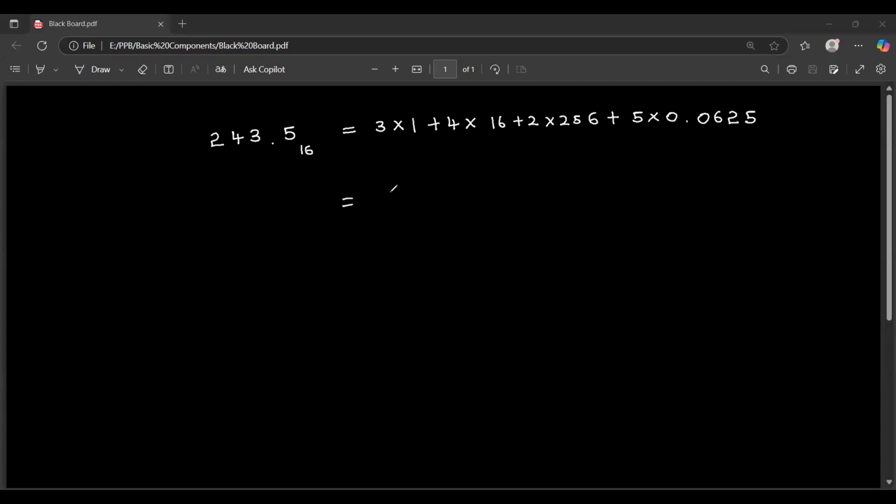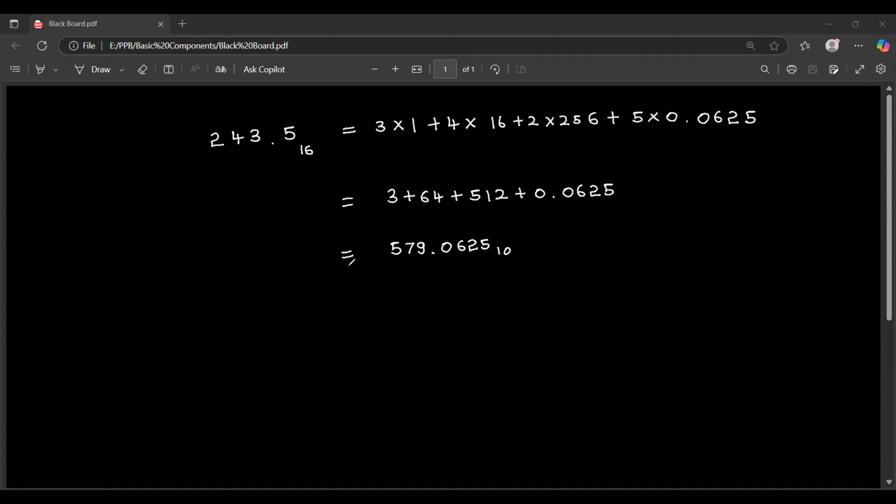And that will be equal to 3 plus 64 plus 512 plus 0.3125. Let me write this down as 579.3125 to the base 10.